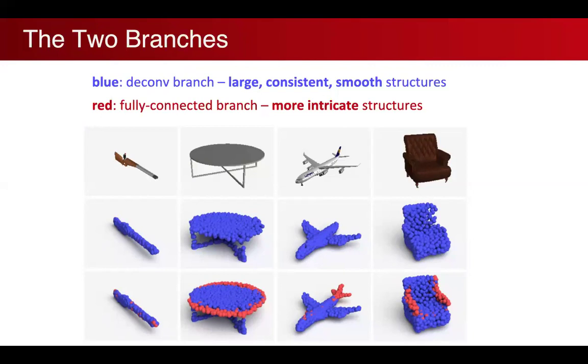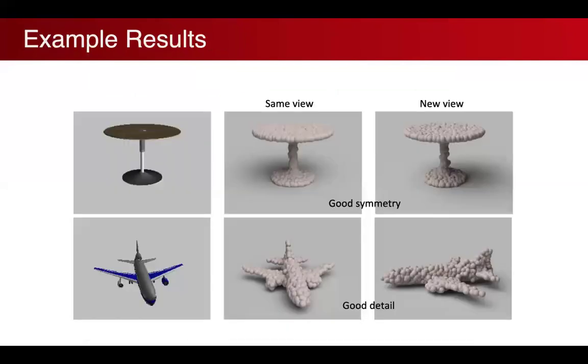And you see that the red points are like these extreme points with high variability, and the blue points are these very smooth parts. This shows that this is the right idea: to create an architecture that takes into account the natural statistics of the shapes.